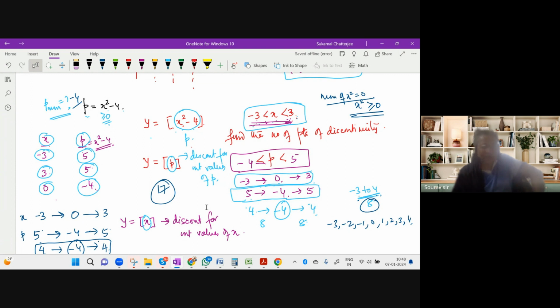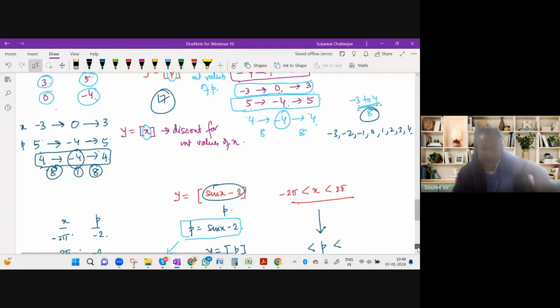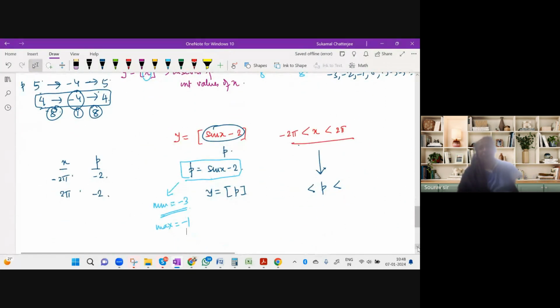So it's very straightforward. But here, the common tendency is, once you get the value of minus 2, most people assume either greater than minus 2 or less than minus 2, which is not correct. Understood the difference?